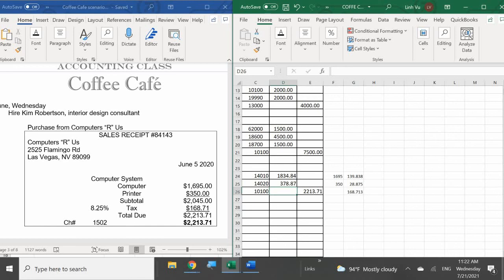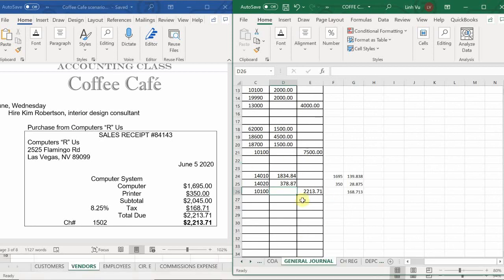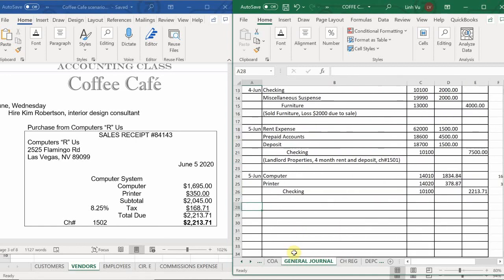And in this case, I need to distribute and round my tax higher for my larger products because the tax is going to be higher on the computer than the printer. So that's how we split the tax, and now this is what we're going to record in our books. All right? Any questions there on how I split the tax?